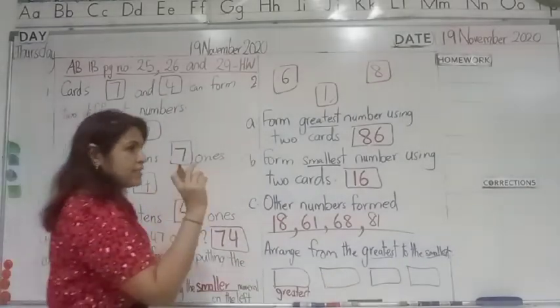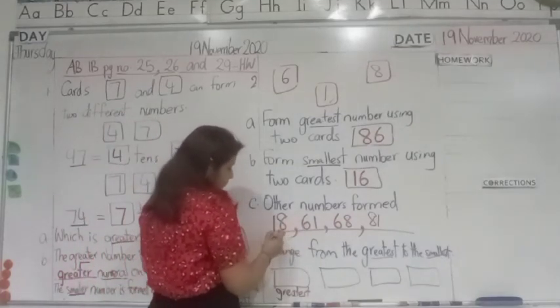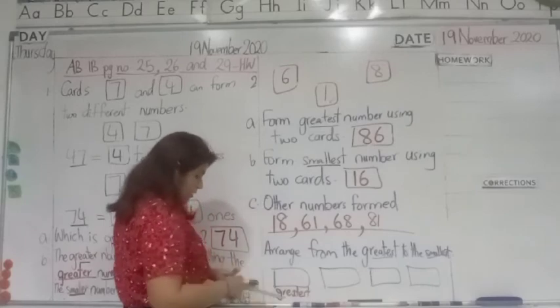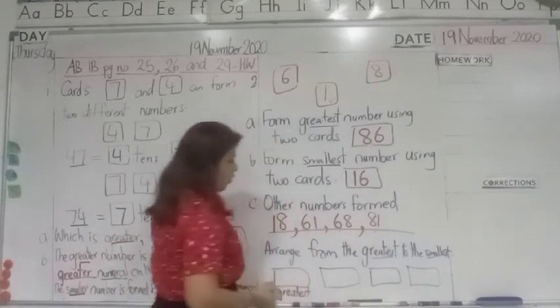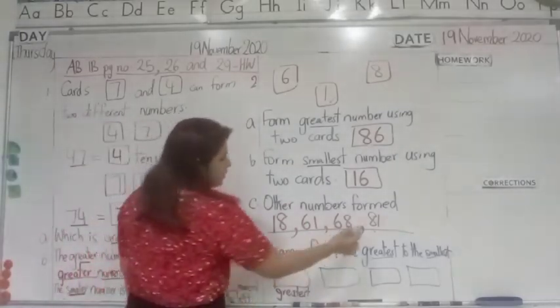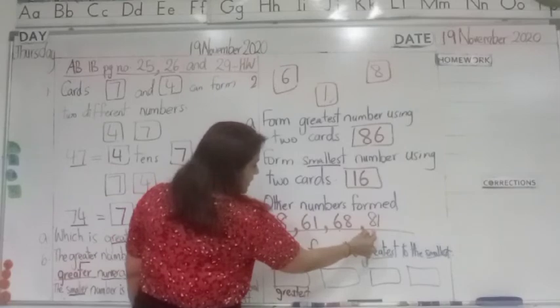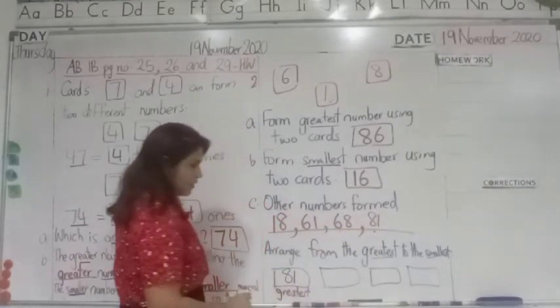There should be the greater number on your left hand side. So there is 18, 61, 68, 81. What do you think which is the greatest number? 81. Very good. So the number with 8 in the tens place, 81, is the greatest.